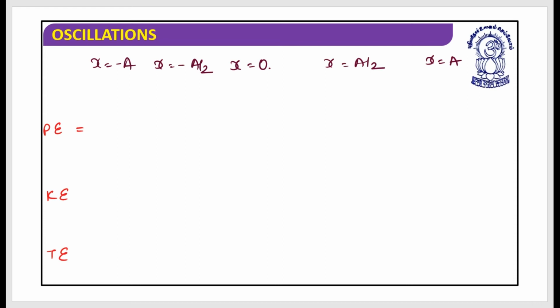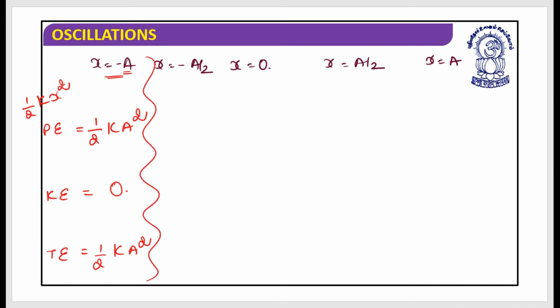So keep this in mind, and write down the value of all these energies. So at x equals minus a, it's half k a square. As we know, the total energy would always be equal to half k a square, and that means the kinetic energy at the extreme position, or I should say the extreme left position, would be 0. So the total energy at x equals minus a is half k a square.